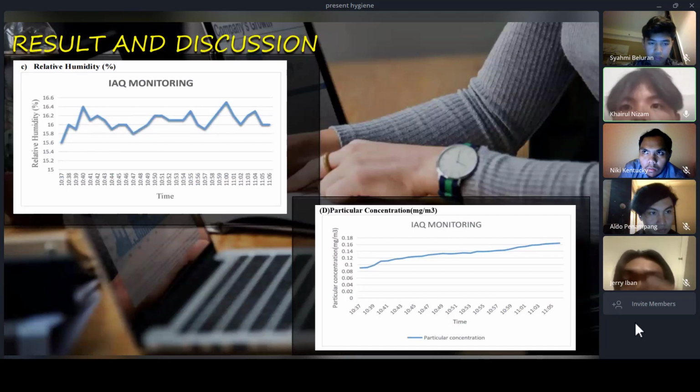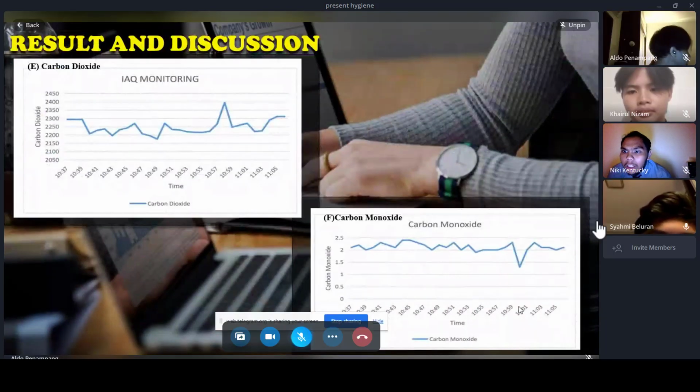By exceeding the permitted limit, it will have a worse effect on workers, such as causing difficulty breathing, and it can increase the risk of chronic respiratory disease in the long term.